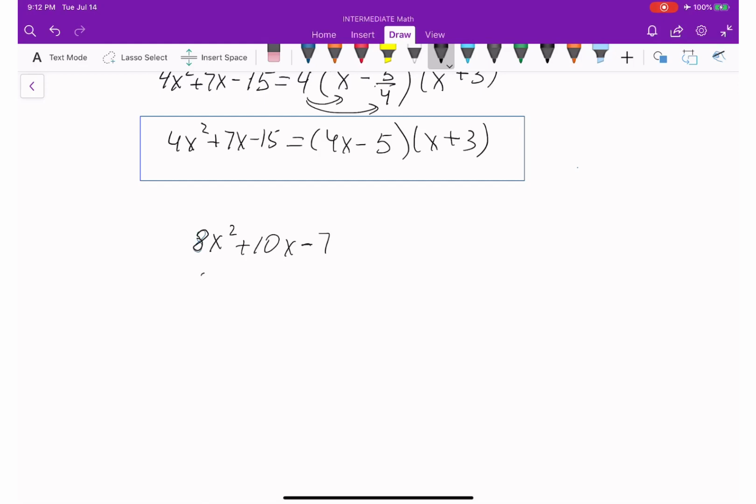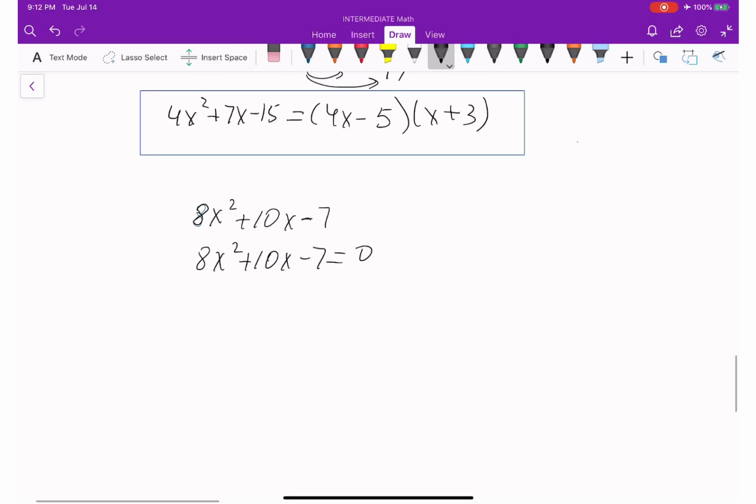Okay, representing in the format of equation. And then finding discriminant. So A is equal A, B, C. A is equal 8, B is equal 10, C is equal negative 7.